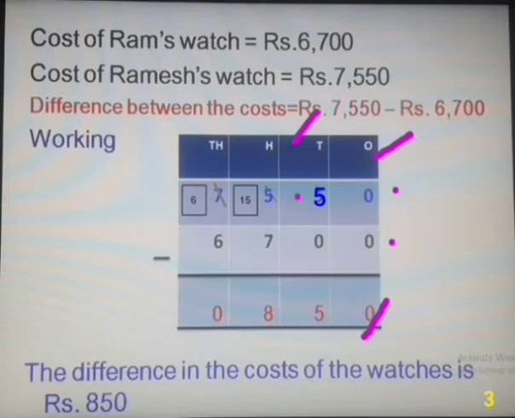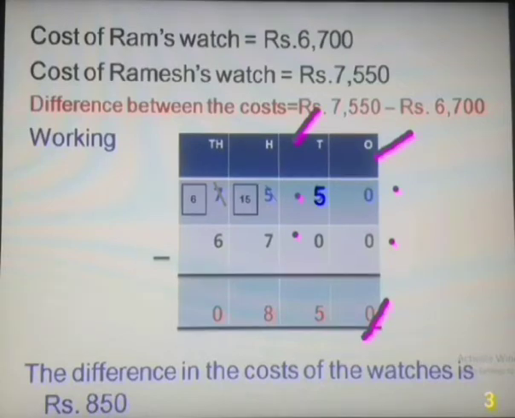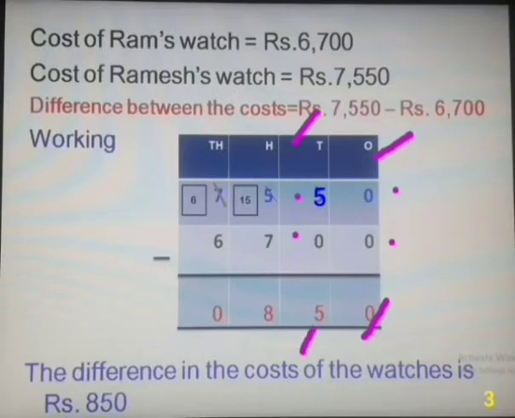Here we have 5 and 0. Children, here the property of 0 will apply, which means when 0 is subtracted from a number, we get the same number. So 5 minus 0 will be 5 only.